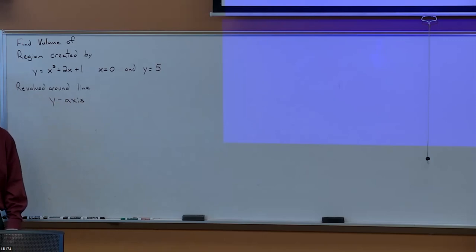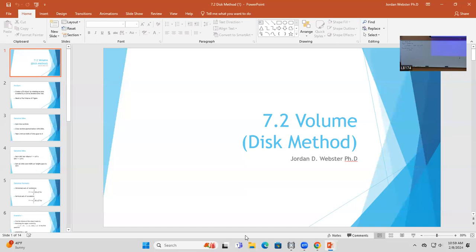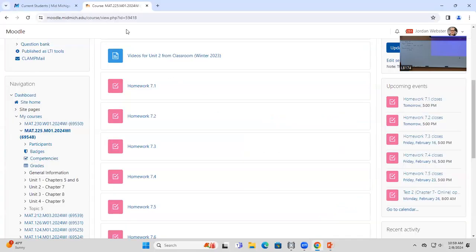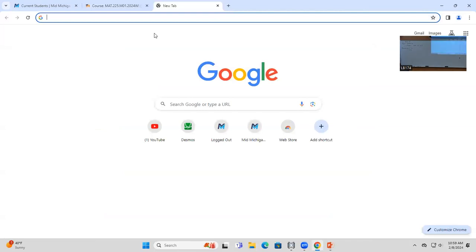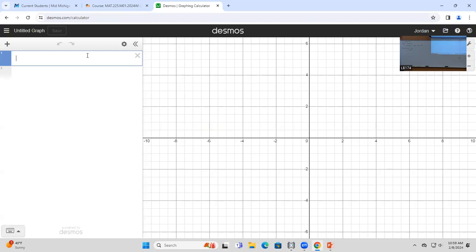Right? Now, I don't need to do a lot for this. Let's do Desmos real quick. So y equals x to the third plus, what was it, 2x plus 1?